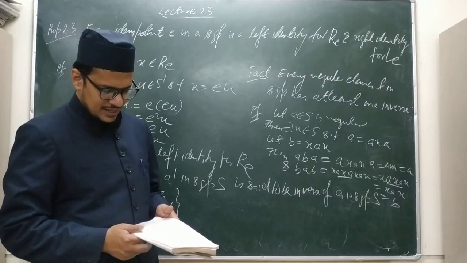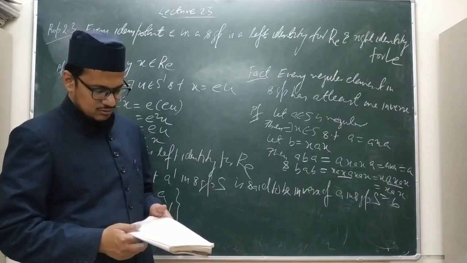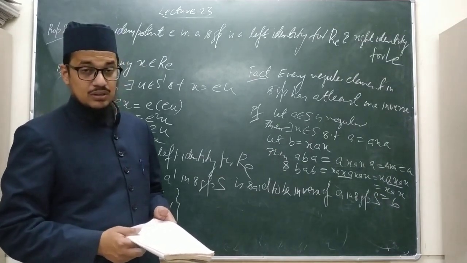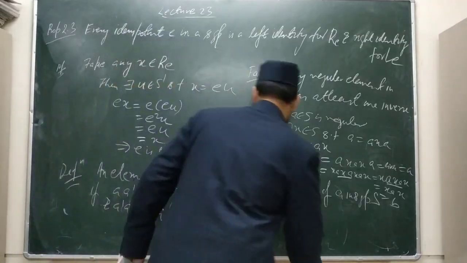Now one more fact is that for any element a in a regular D class, any inverse a dash of a also lies in D. Means an element and its inverse are D related to each other. We will prove this.